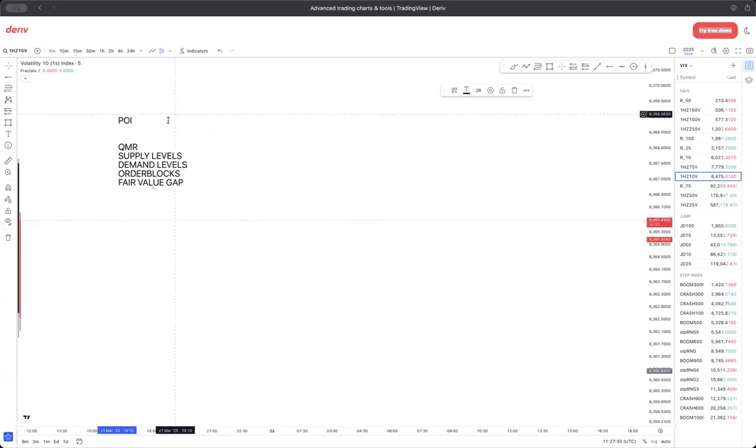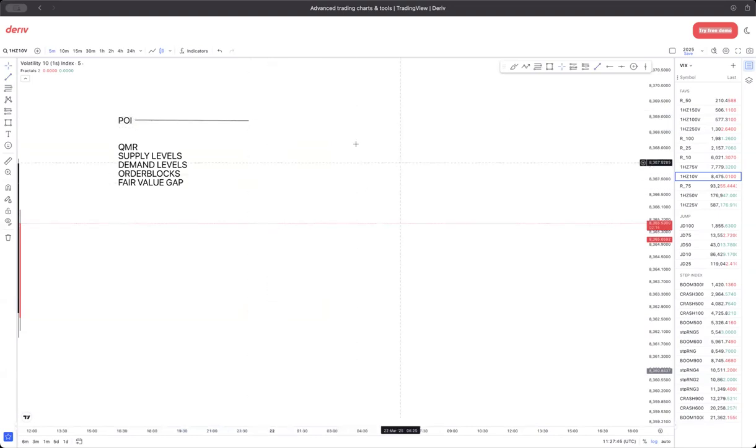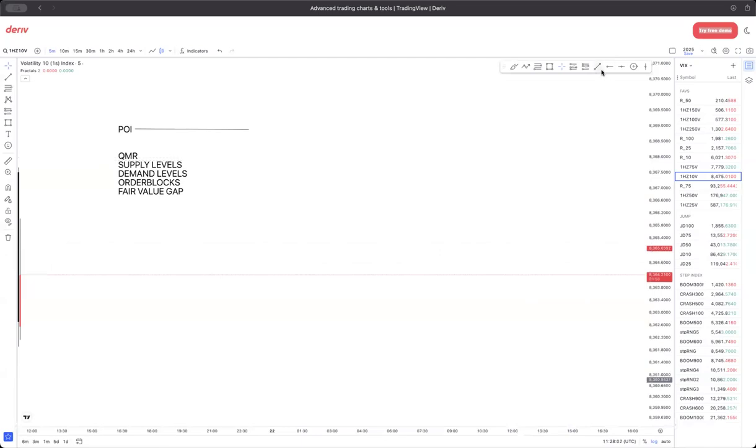Now, what is a QMR? First, you want to know POI is called what? A point of interest. These are those points where you want to see the market giving you buy reactions and sell reactions, where you're looking out for buys and where you're looking out for sells.